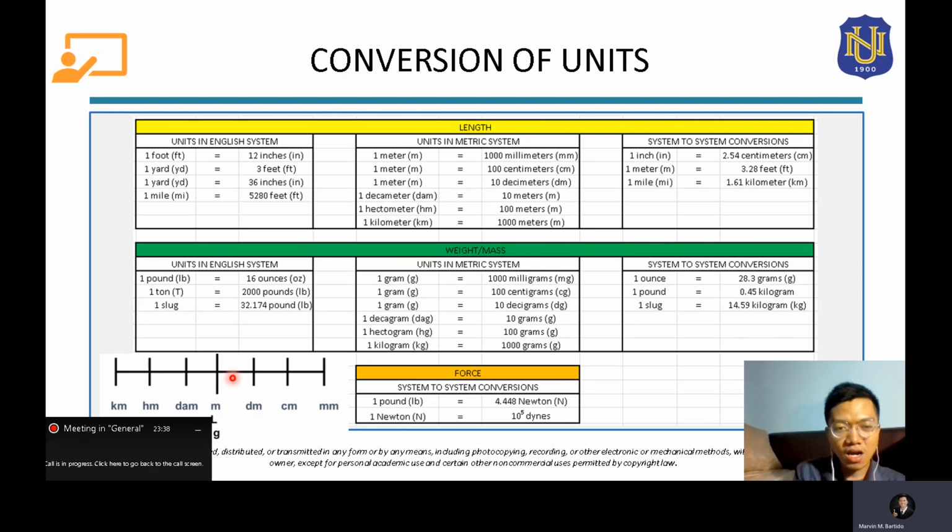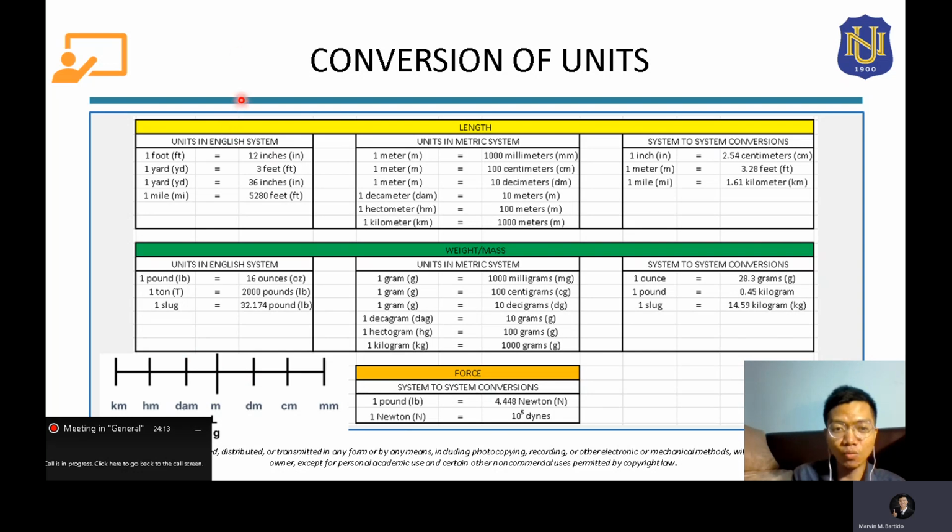Now for, let's say, meter to kilometer, we want to convert that. Okay, so the movement here will be from right to left, right? So if we're going to convert meter to kilometer, that will be from right to left. Okay, so what we're going to do here is count the number of moves from meter to kilometer. So that will be 1, 2, 3. But here, if we're going to convert with the direction to the left, the 1 will be included in the count of your move.